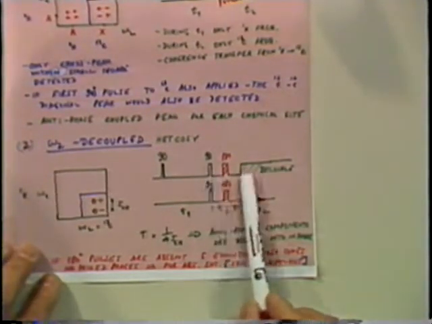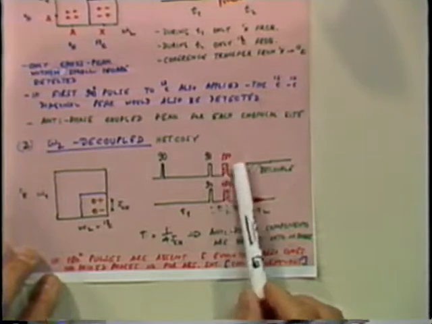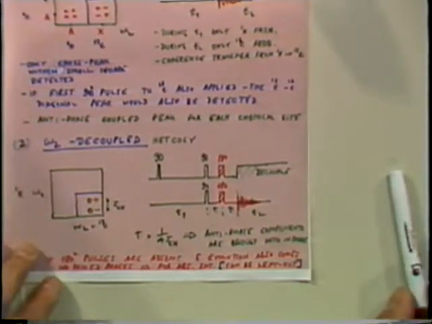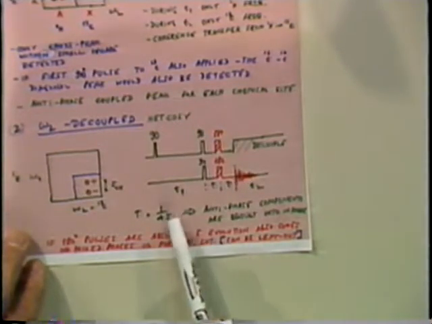But otherwise, they take away the chemical shift precession from this delay period and make it only effective for the coupling. Again, we have to make this period having a relation that the total period should be equal to 1 upon twice J CH.